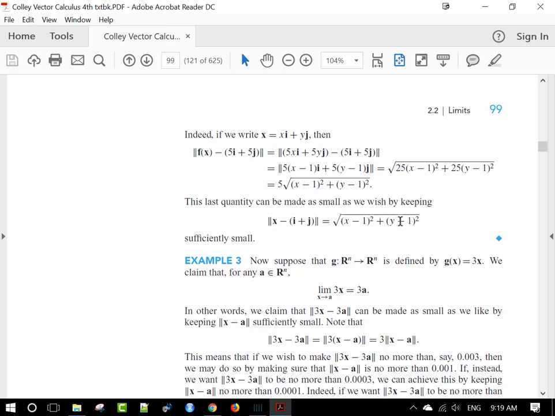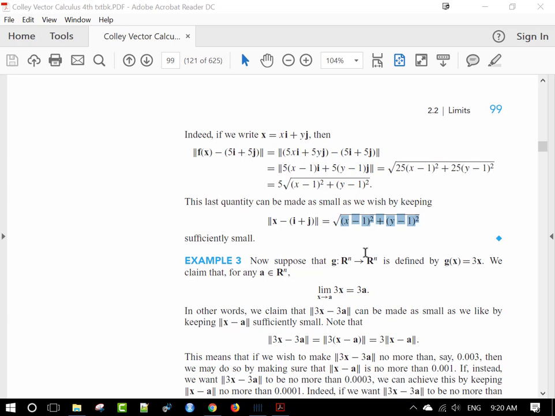So if we make this small, we can make this small. And we can make this as small as we want by making this small enough, because they're basically the same function. One is just 5 times the other. So if you don't quite get what we just did, you have to go back and read this 2 or 3 times, or maybe more, but just make sure you get the idea.